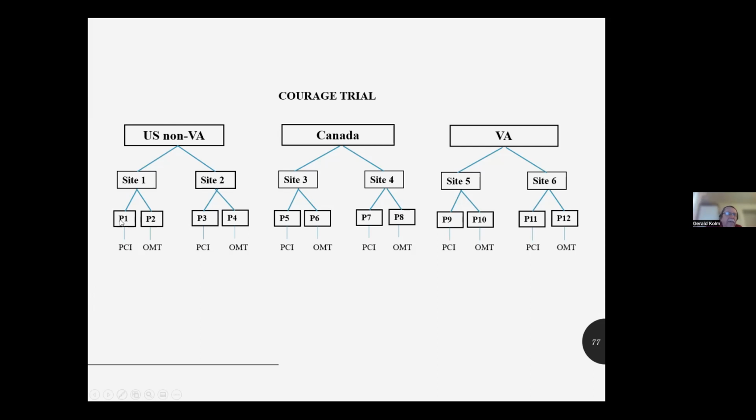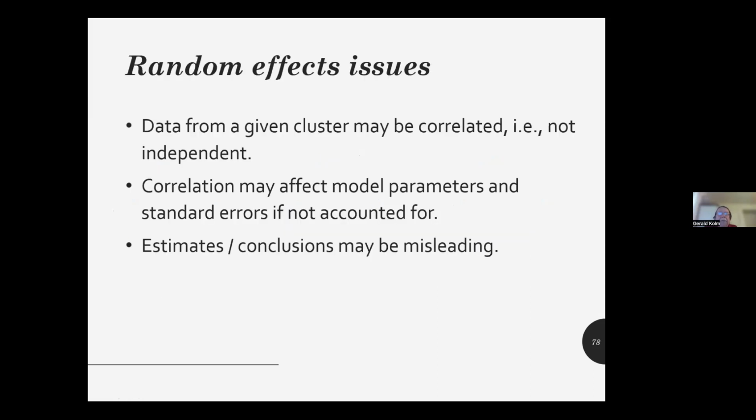And then we would have any number of patients at each site, and patients are always random effects. Okay, and as I've already mentioned, the data from a given cluster might be correlated. In other words, we can't assume that they're independent, and this may affect our analysis if we don't take it into account.